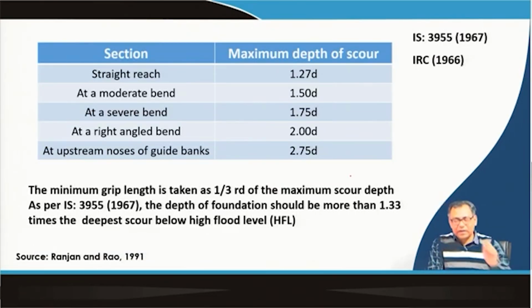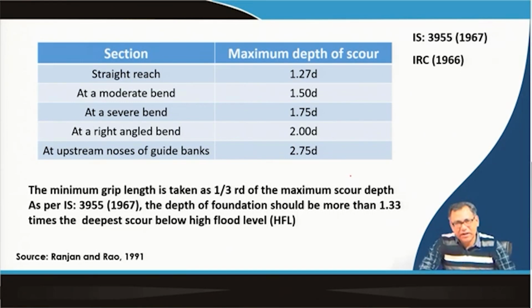Then once I get the scour depth, so that means this code has given, there are two codes, the IRC and the IS code. They have recommended to increase the scour depth, or the maximum scour depth, by this amount depending upon the different types of section.